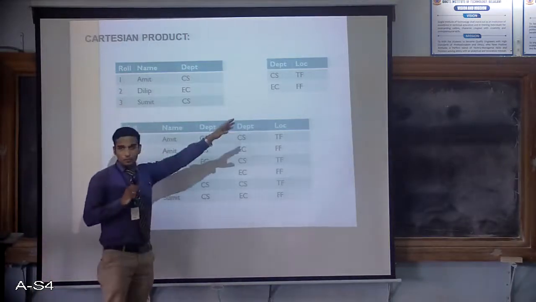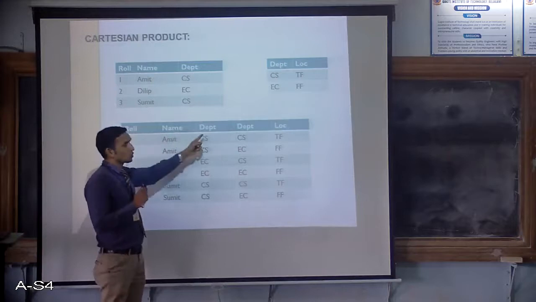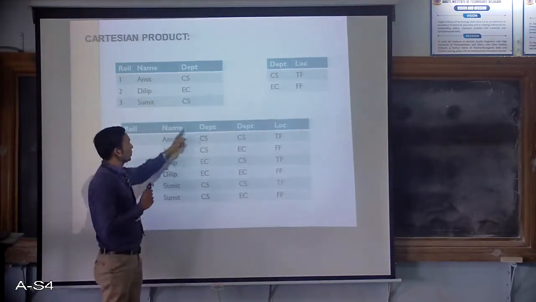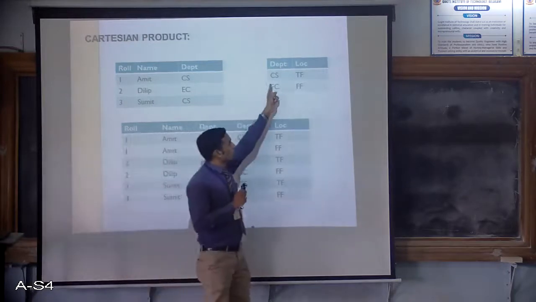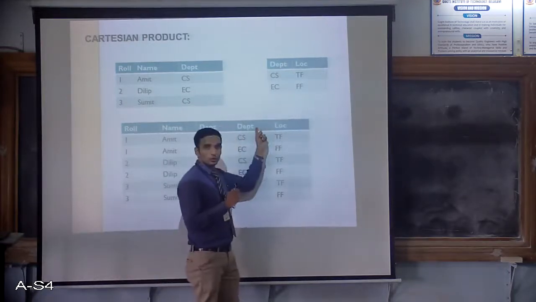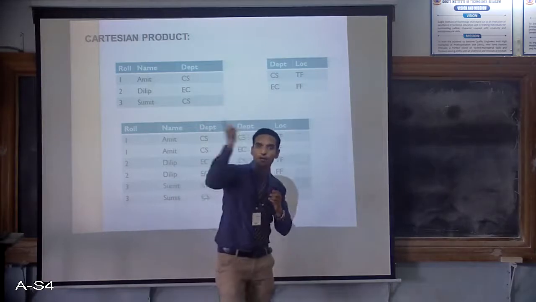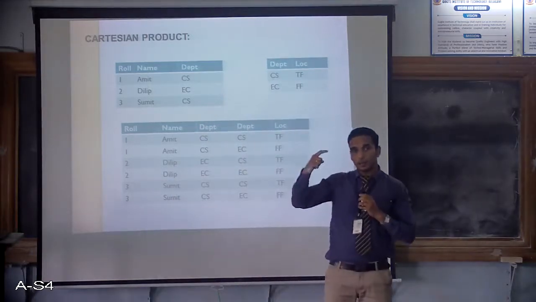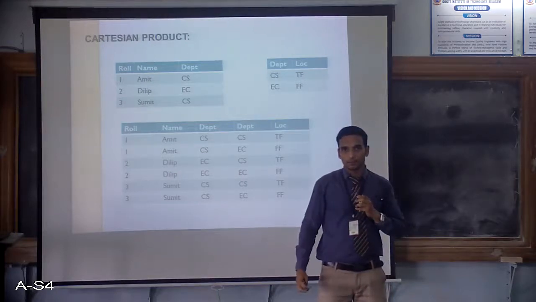When I say Cartesian product, it holds the columns of both the tables. Table 1 had 3 columns. Table 2 had 2 columns. So when I say Cartesian product of A and B, it consists of those number of columns which are in A plus the columns in B. Please remember that.